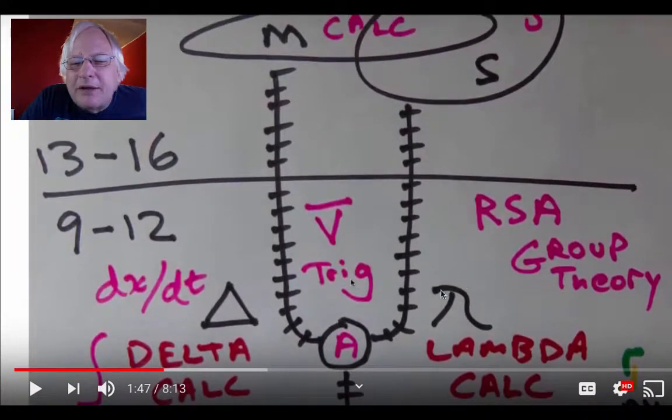Now, in practice, the letter lambda has taken on a life of its own, for one thing. And no one's actually currently using lambda calculus to include all these digital math topics like RSA, which in this case stands for a cryptographic algorithm.